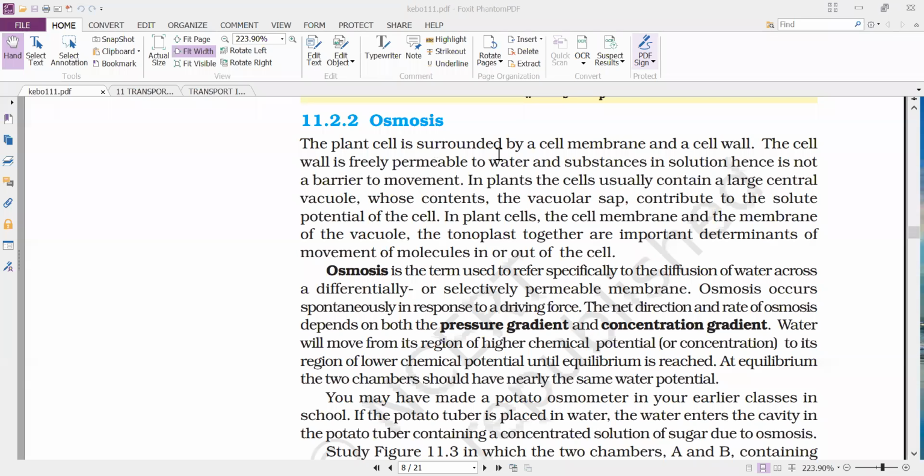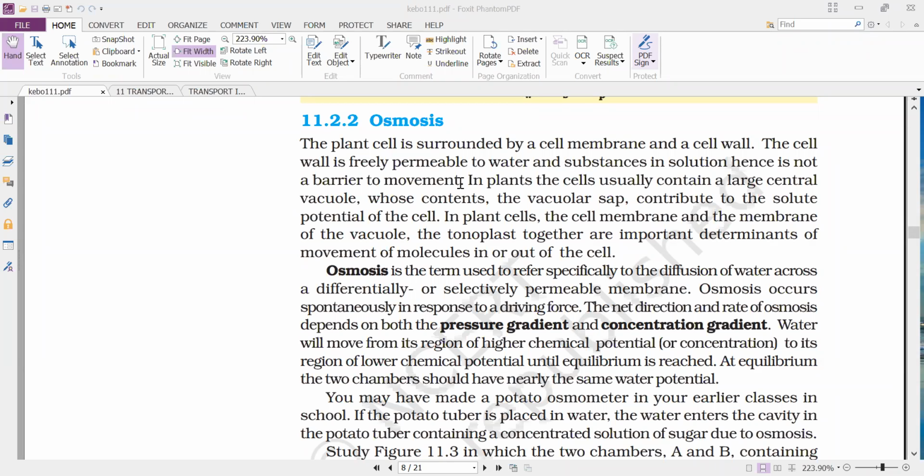So the plant cell has two structures, the cell membrane, and outer to this cell membrane we'll find the cell wall. The cell wall is freely permeable to water and substances in solution, hence is not a barrier to movement.